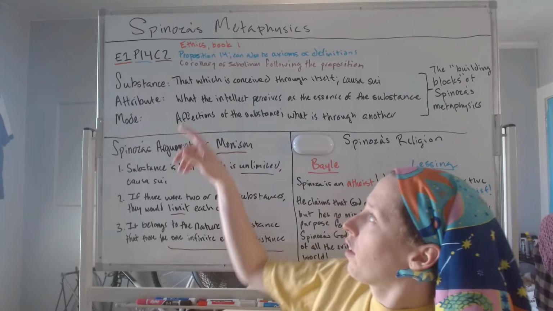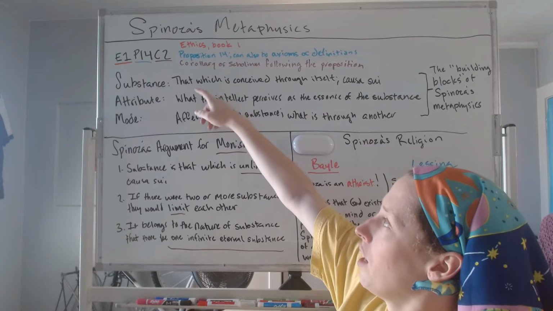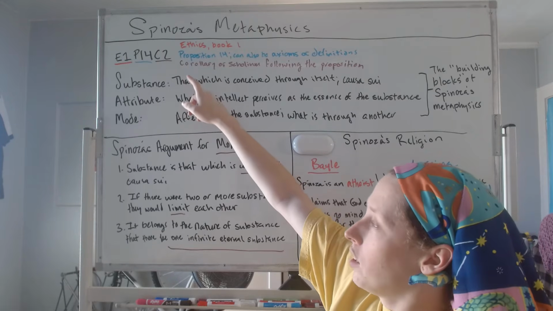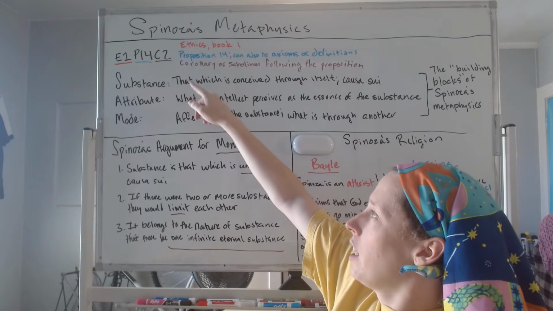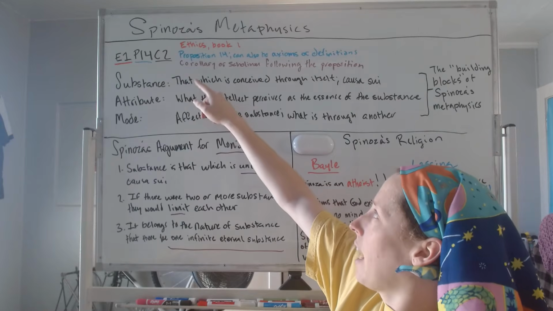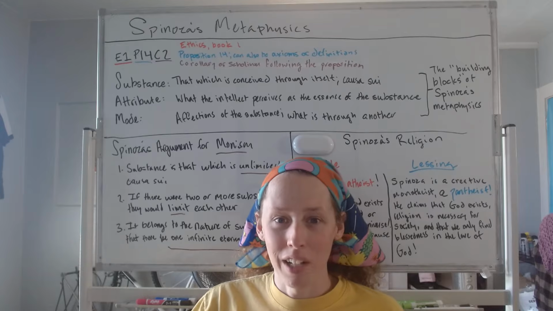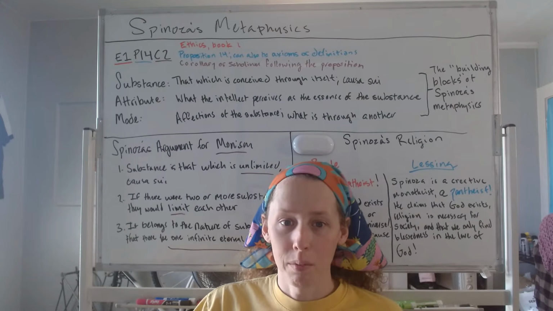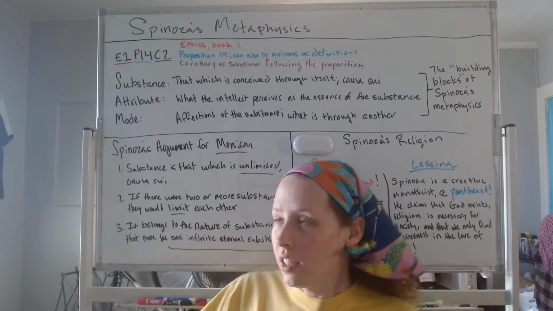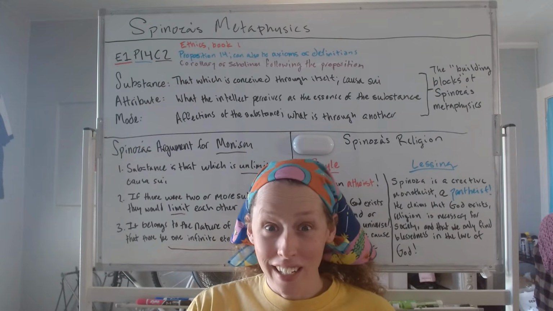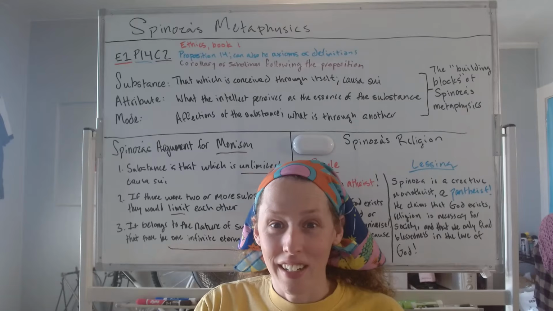So if you want to refer specifically to those, you simply tack on to the code that we've already developed so far, either C for corollary or S for scholium, and then whatever number it is. Sometimes Spinoza has several of these scholiums or corollaries. So this is just a handy little system for finding your place throughout the entirety of the Ethics.